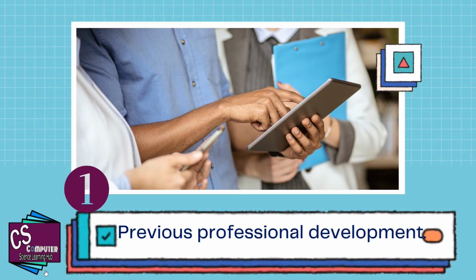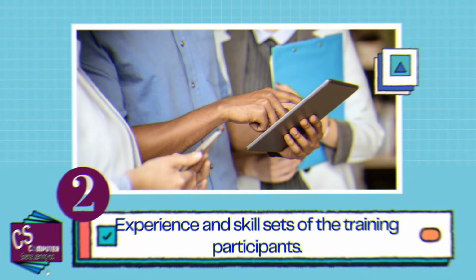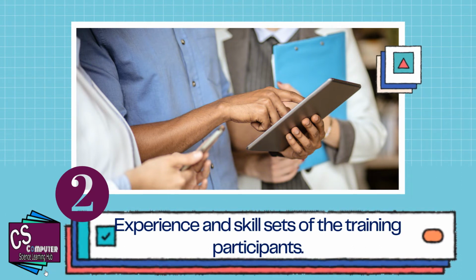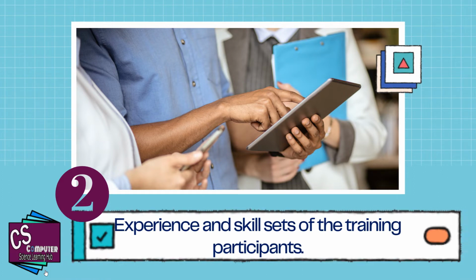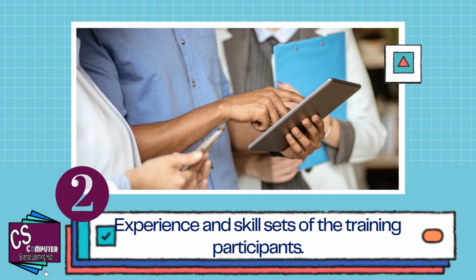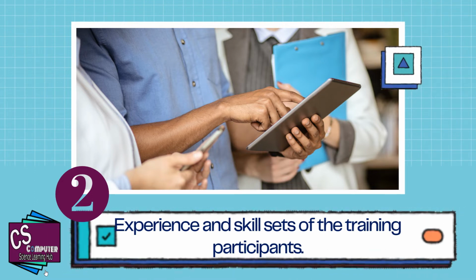Number two is the experience and skill sets of the training participants. In a very easy way, this is what I always do: I send a survey to my educators. We can call this a pre-survey.